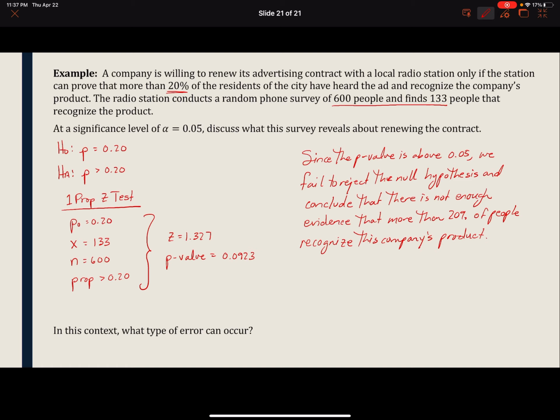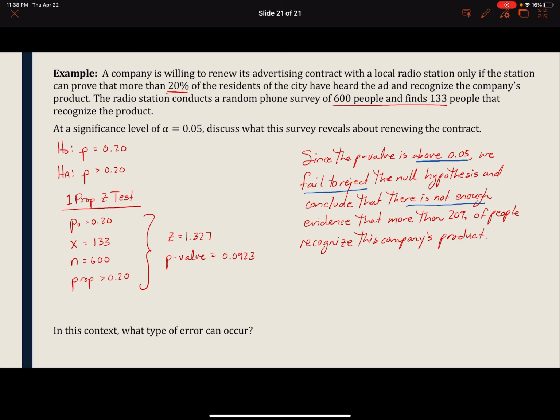Okay. So again, we are above the significance level, so we fail to reject the null hypothesis and conclude that there is not enough evidence for the alternative hypothesis, that more than 20% of people recognize this company's product.